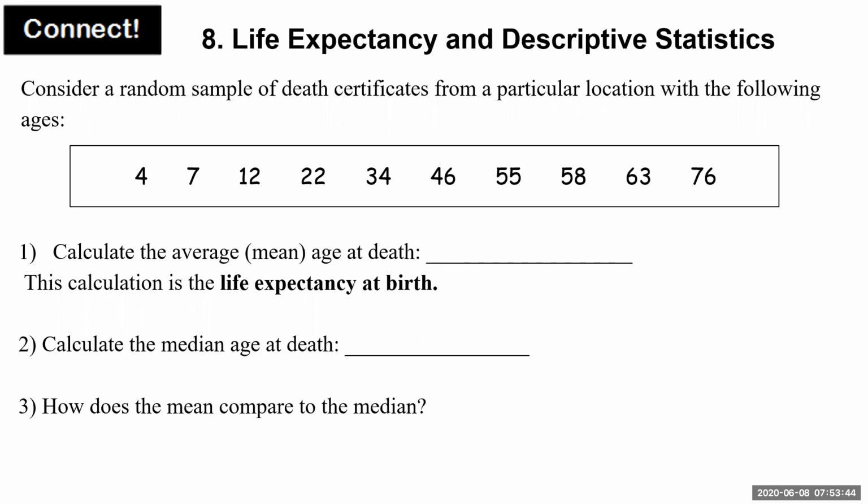Now here, we want to consider a random sample of death certificates from a particular location with the following ages. So we sampled some death certificates, and these were the ages we found: 4, 7, 12, 22, up to 76, right? Now we want to find the average age at death. So to find the average age at death, what do you do?